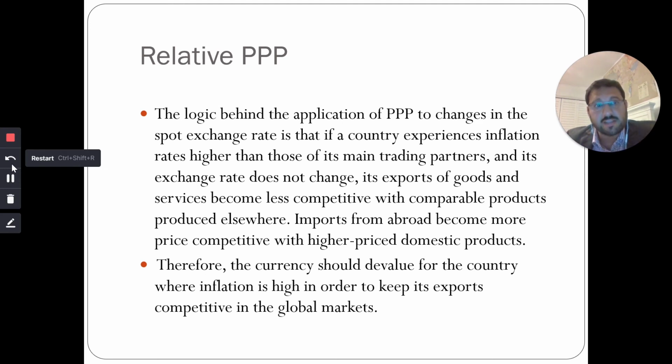So the country's exports become less competitive versus its trading partners. So in order to keep exporting, it is mandatory for a country with higher inflation that its currency should depreciate and offset the difference of inflation between the two countries, like what we have seen earlier in the example of the USA and Japan.